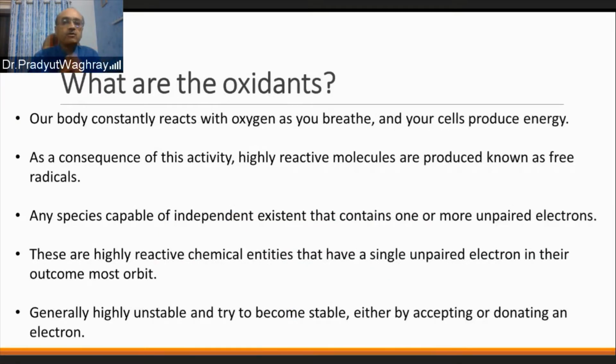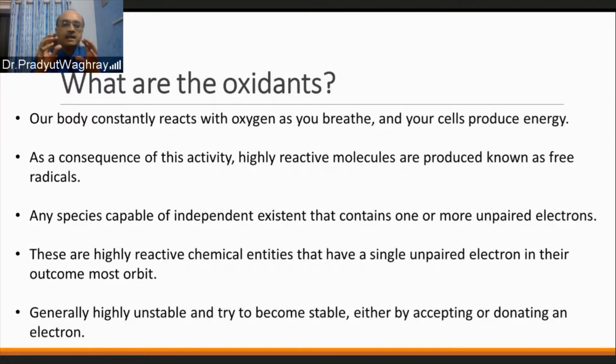Then what are these oxidants? Why are we worried about oxidative stress? Our body constantly reacts with oxygen when we breathe, and our cells produce energy. As a consequence of this activity, certain reactive molecules are produced which have one unpaired electron, called free radicals.